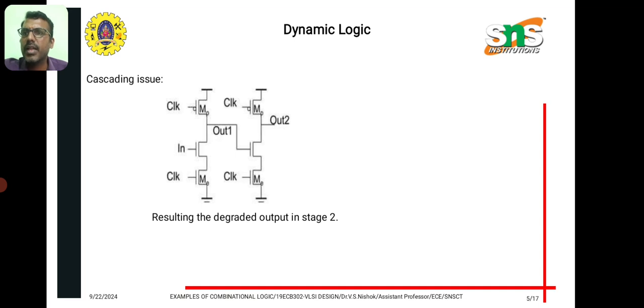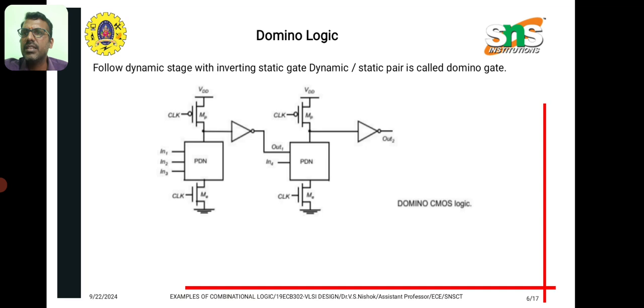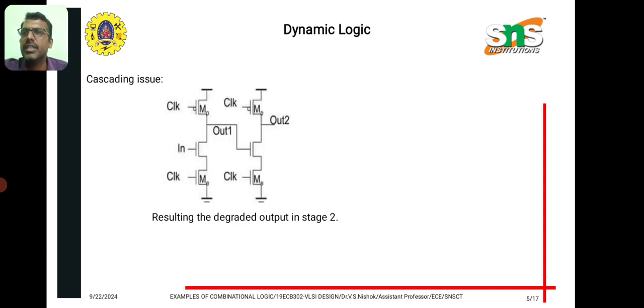This is overcome with the help of the domino logic, that is, we connect a static CMOS inverter in the output path of the dynamic logic. If you see here, this is your dynamic logic, where the clock signal is connected to the PMOS and NMOS transistor, and in between you have the pull down network.